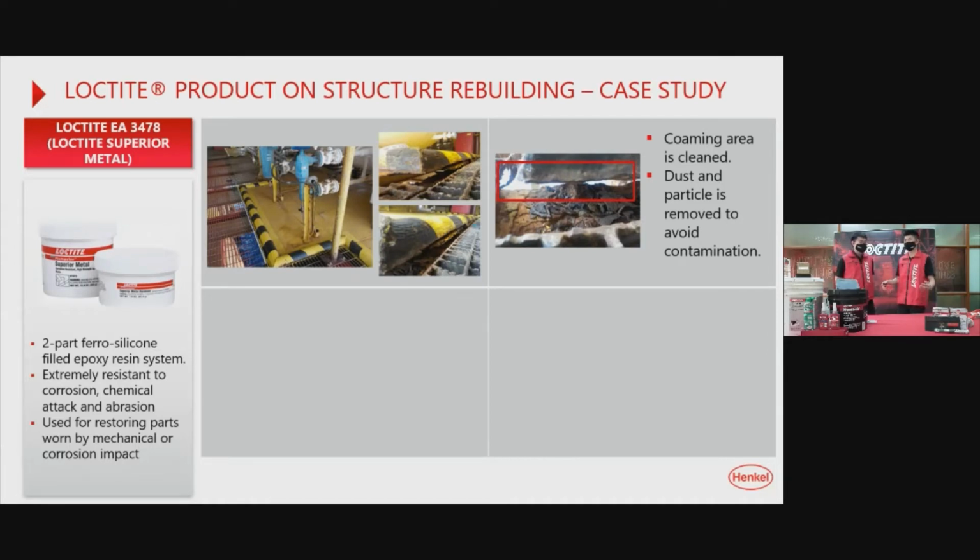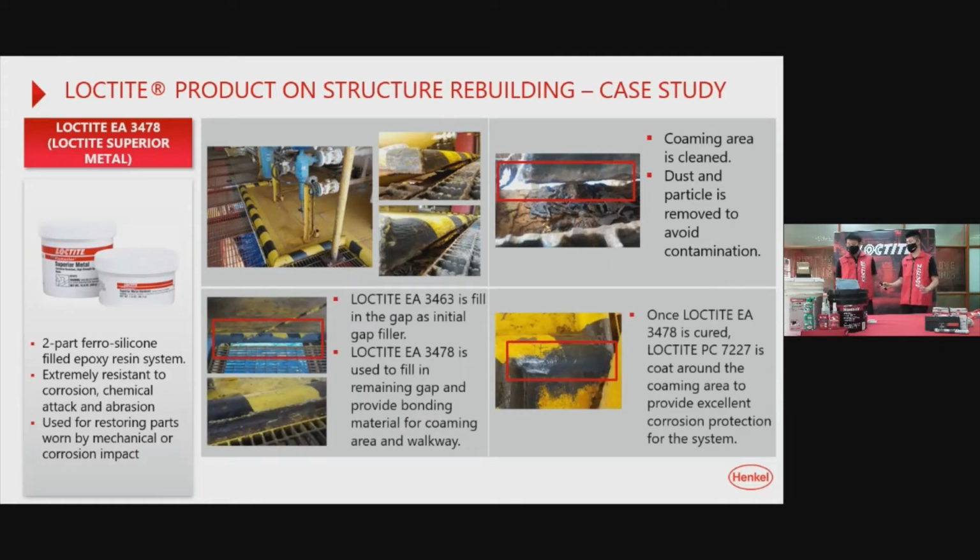Whenever we know about this issue, we introduce our Superior Metal to our clients to do the resurfacing of the area. Of course, before we use this Superior Metal, we will use this Metal Magic Stick, which is a clay-type metal rebuilding product, what we know as LOCTITE EA 3463, to do some initial gap filling. Later we will use our Superior Metal to do the remaining gap filling to fully fill the metal loss area that I highlighted just now.